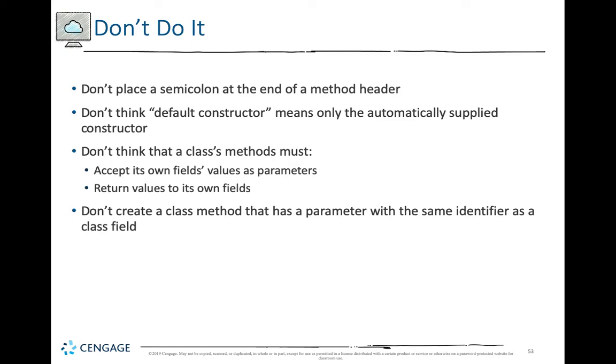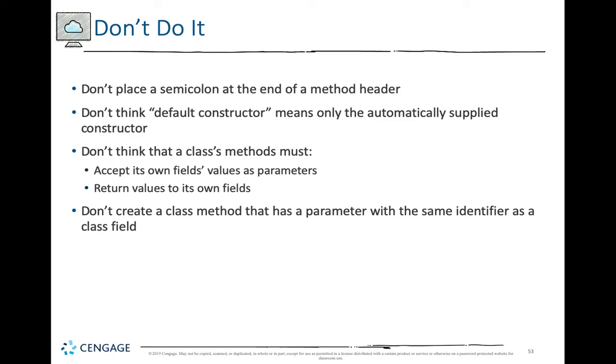Don't think your default constructor means the only one automatically supplied. Always go back and check your code, because you never know if the code you're using that someone else has written, or your code, has a default constructor with some side effects. Side effects is what I showed you earlier where you had the employee constructor and it was assigning a value. We call that a side effect.